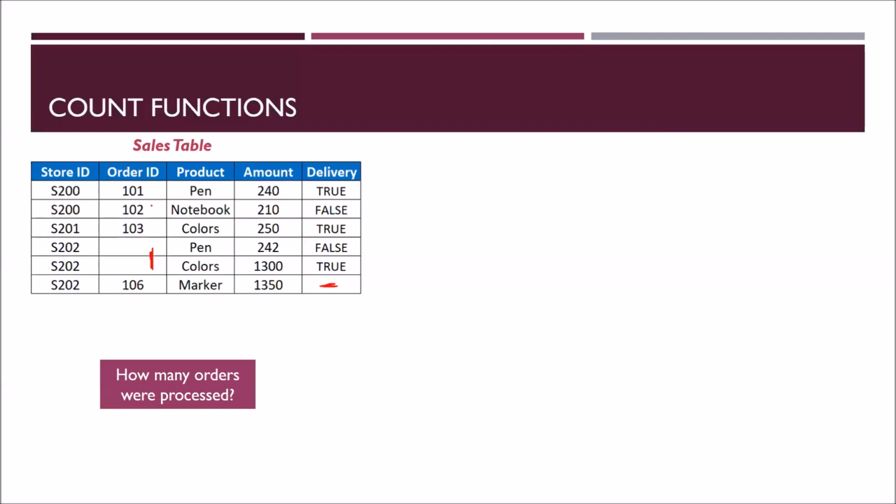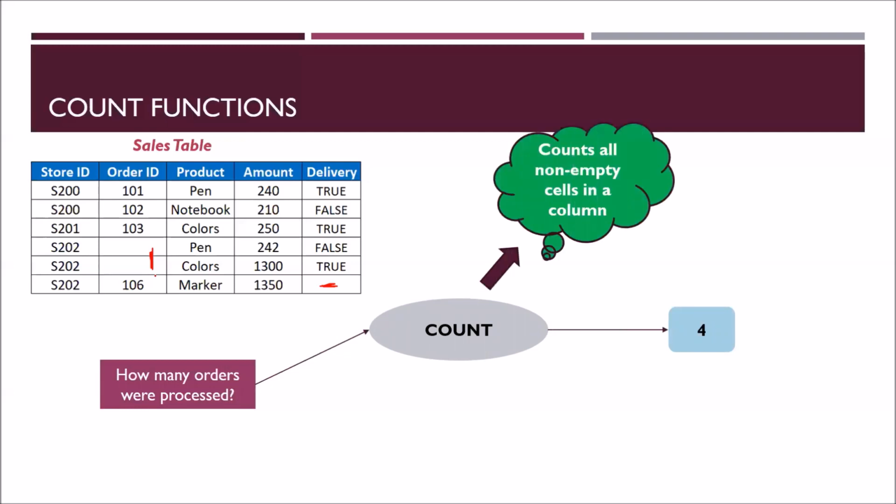Now looking at the table, I know there are 6 orders which have been processed, right? But if I use the count function, which is available in DAX, I get the output as 4. And the reason is because this function does not count the empty cells.